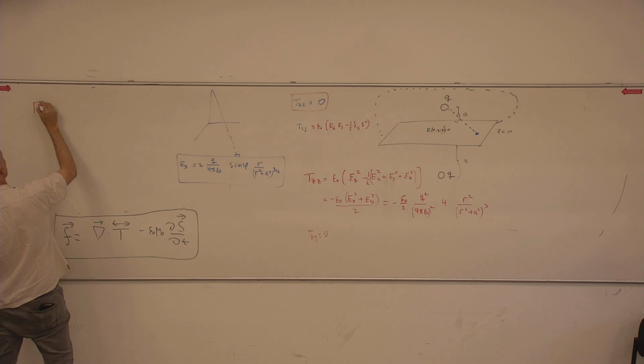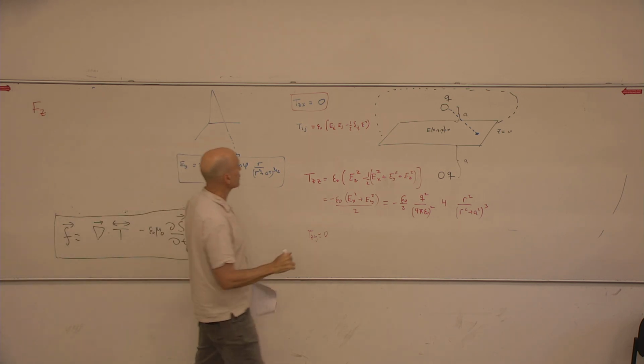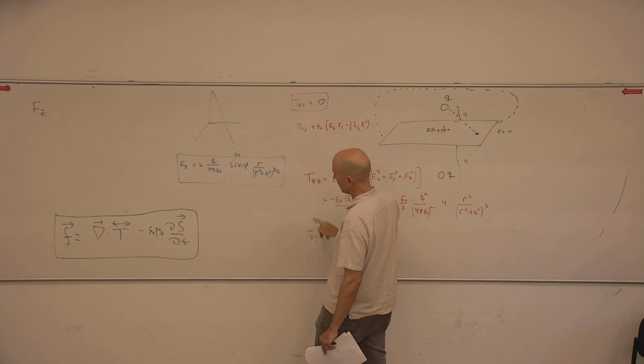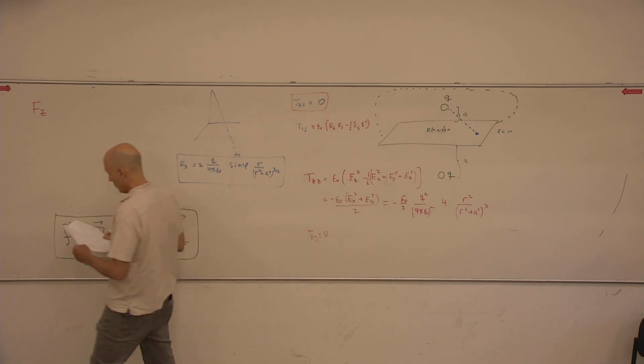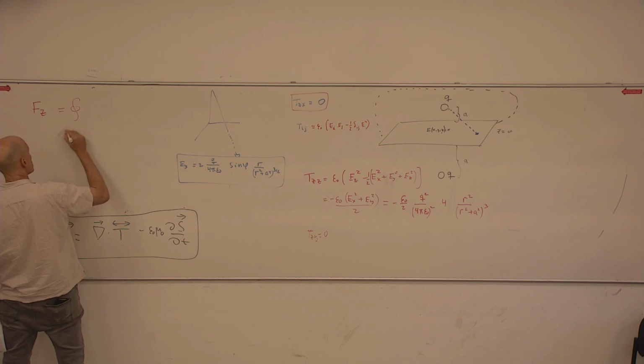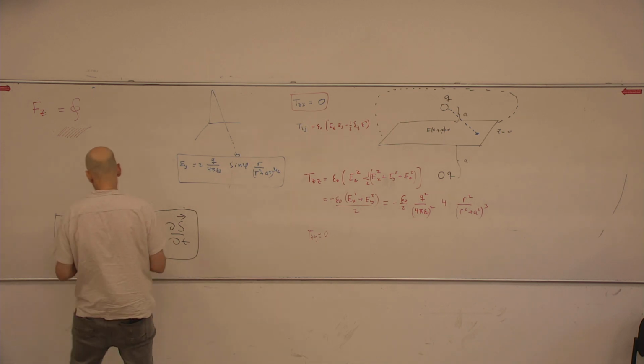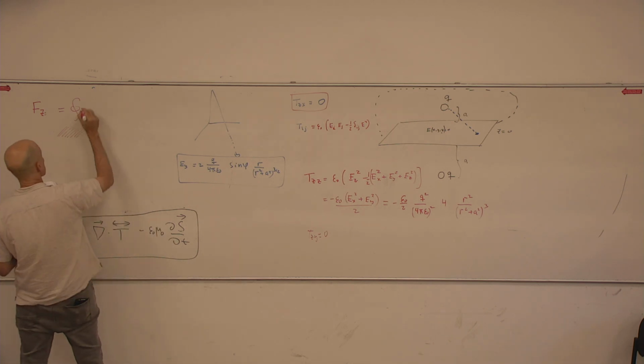So Fz, I'm not bothering with the x and the y direction, that's why I calculated only these elements, is equal to the integral over the surface, which is this plane, because again, I close everything far away, that gives you 0. This is this T dA.